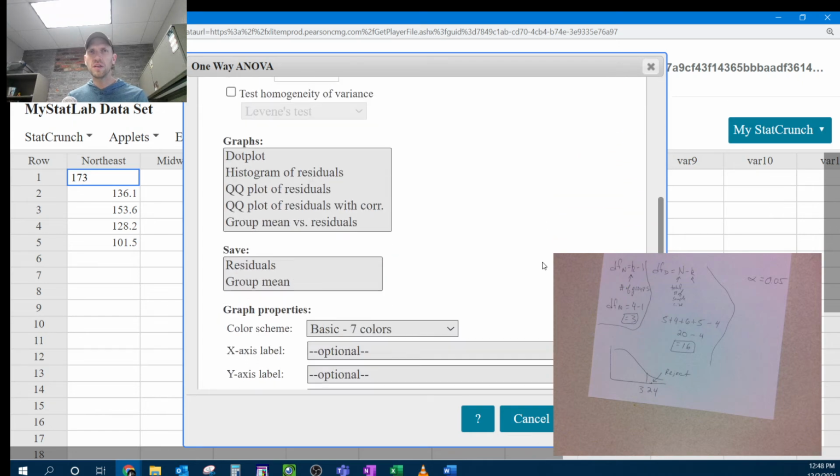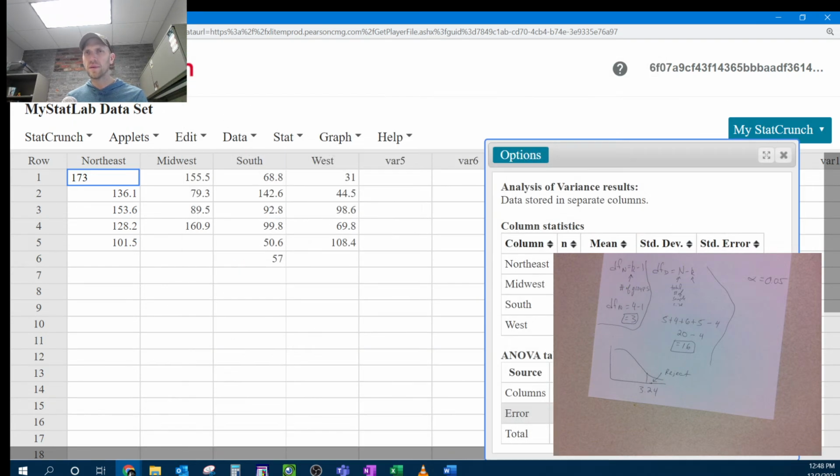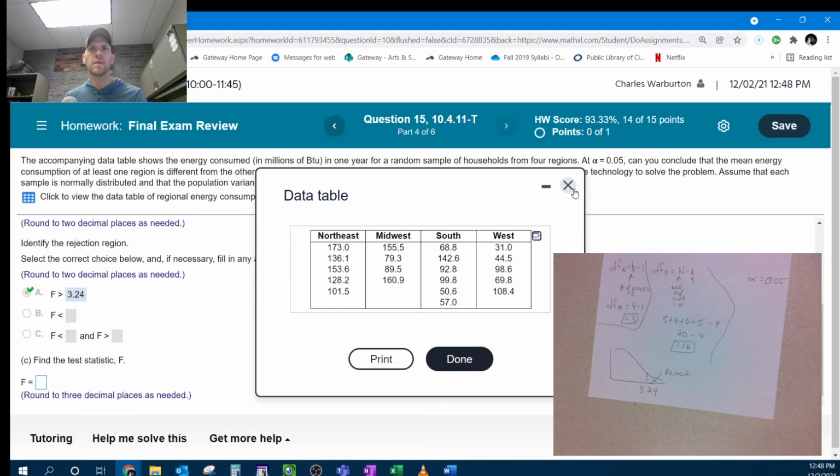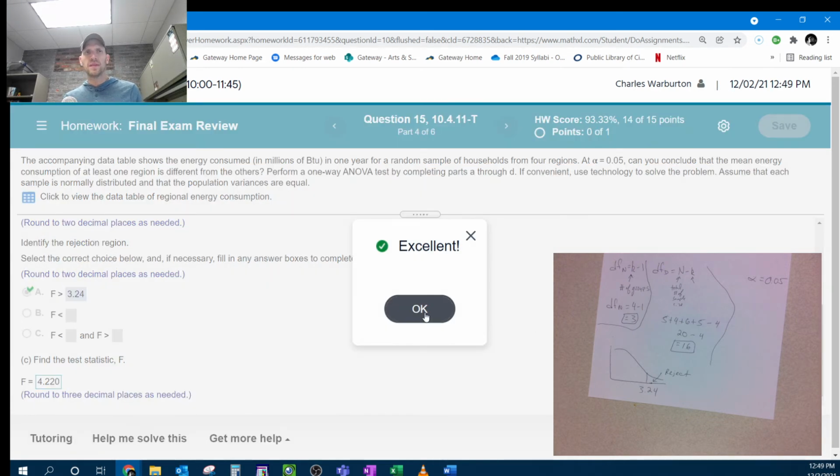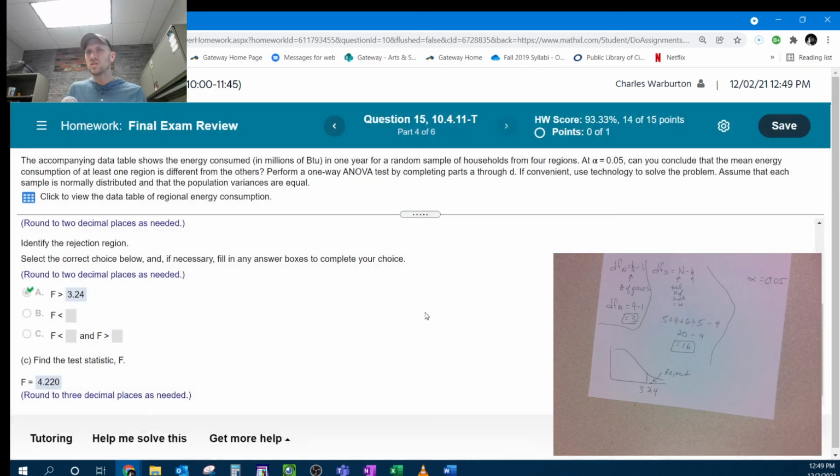That should be good. And I'm looking for that F statistic. There it is. They want that to 3 decimal places. So my F statistic was 4.22.